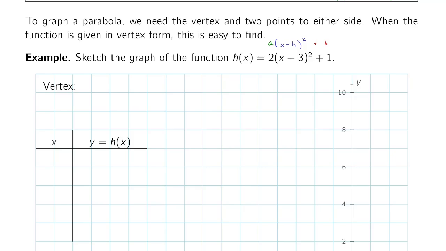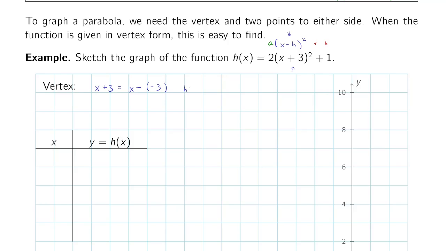Now, to work with this x minus h versus x plus 3, we notice that x plus 3 is the same as x minus the opposite of 3. Right, subtraction is adding the opposite, so logically addition is subtracting the opposite.